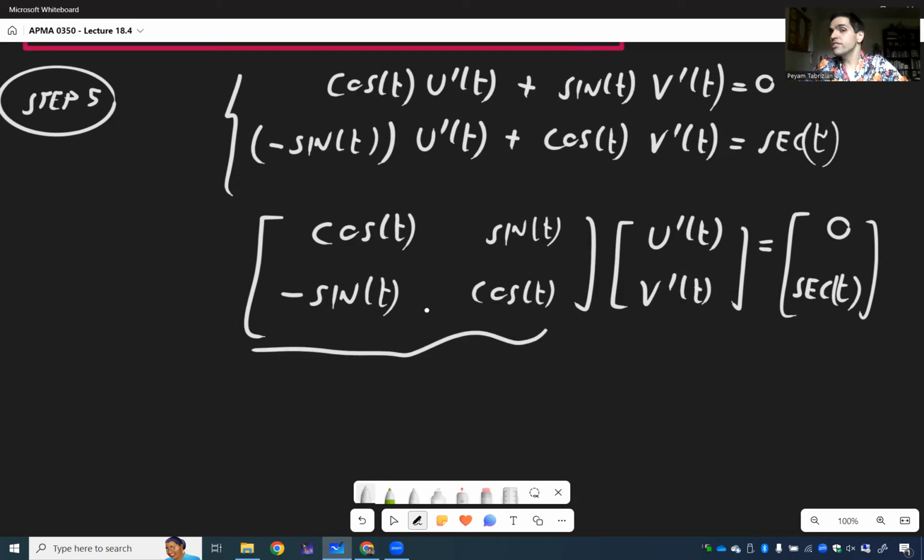So this matrix is always invertible, which you can see because the determinant here is non-zero, which means you can then solve for u prime and v prime. And then by integrating, you can solve for u and v. So even after the simplification, you're always guaranteed to have a solution. And this is our variation of parameters equation.